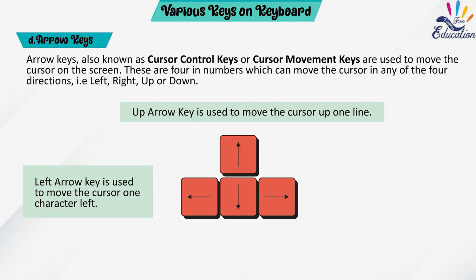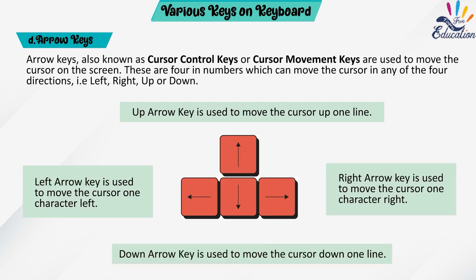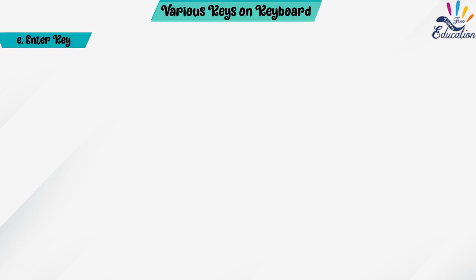Left arrow key is used to move the cursor one character left. Right arrow key is used to move the cursor one character right. Down arrow key is used to move the cursor down one line. Note: a cursor is a vertical blinking line from where the text begins.